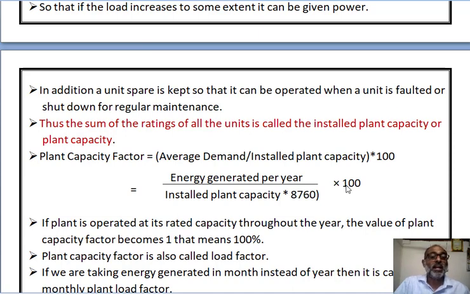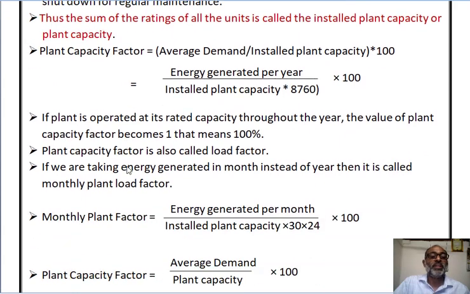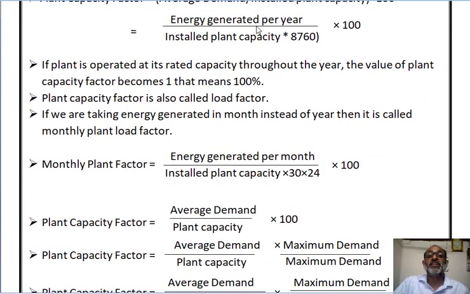So if the plant is operated at its rated capacity throughout the year, the value of this plant capacity factor becomes 1, that means it is 100. Now plant capacity factor is also called load factor. If we take energy generated in the month instead of the year, then it is called monthly plant load factor.